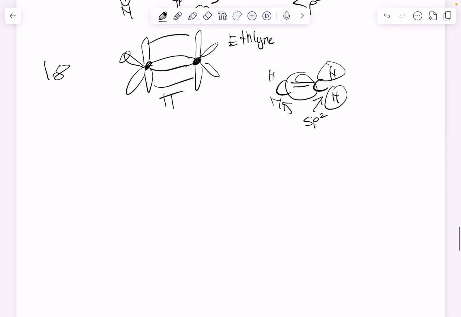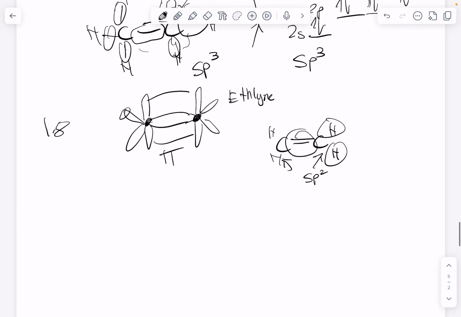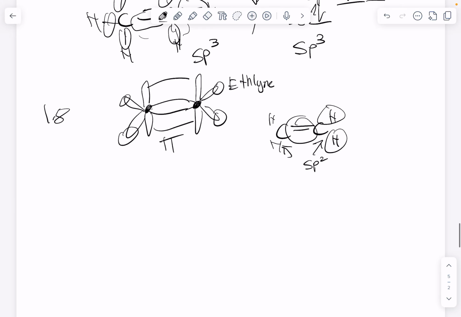And another way to visualize that, right, is that we have these hydrogens that are forming sigma bonds with the carbon, sigma bonds with the carbon right here. And then these carbons are forming a sigma bond together. So we have 5 sigma bonds.